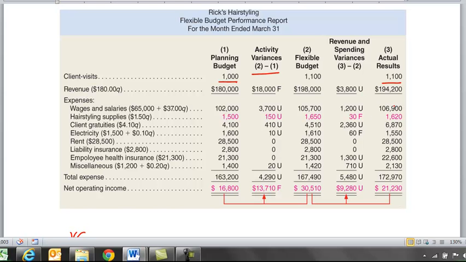But here I've got 106,900 in expenses versus a flexible budget of 105,700. That gives me a positive 1,200. Positive expense variance is unfavorable because you want your actuals to be less than your flexible budget.